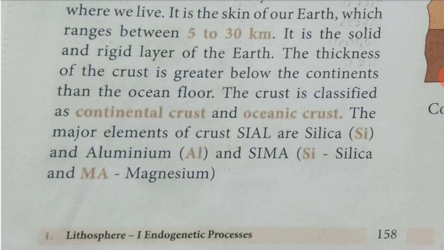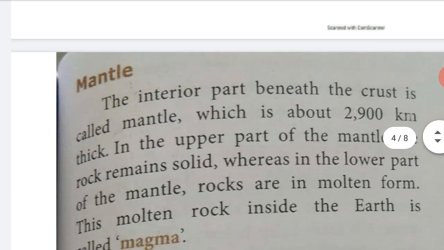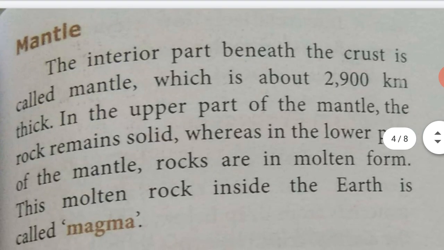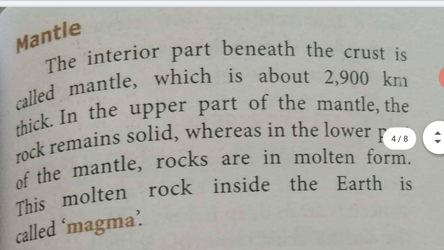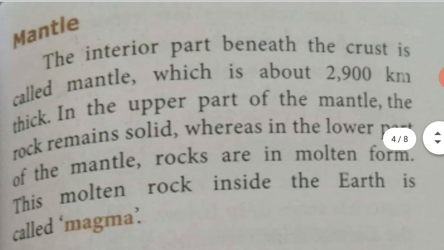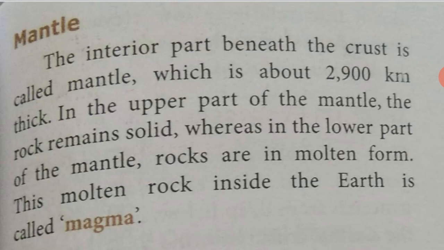Next we go to the mantle. What is the meaning of mantle? The interior part beneath the crust is called the mantle. Beneath means in a lower position than the crust. It is about 2900 kilometers thick.